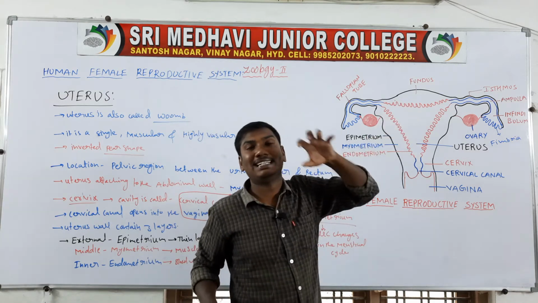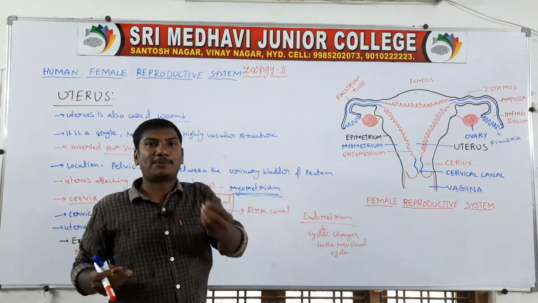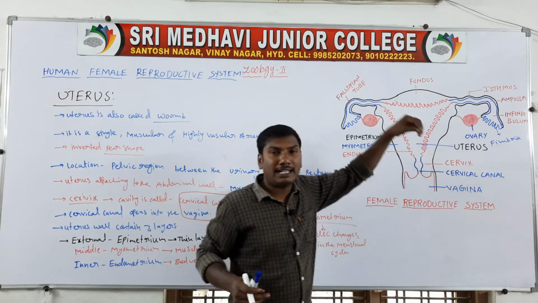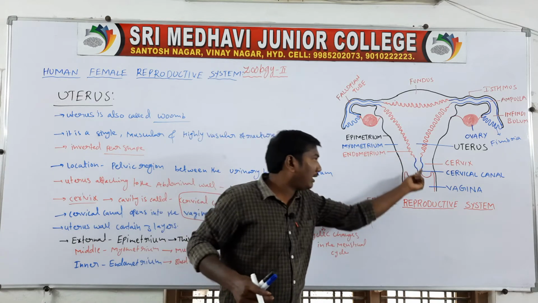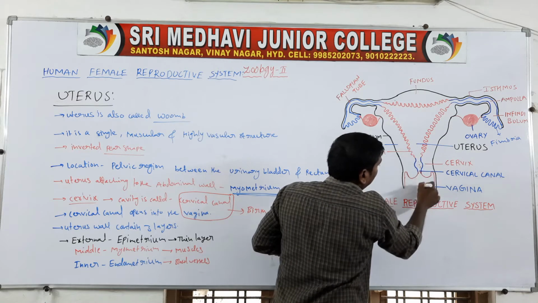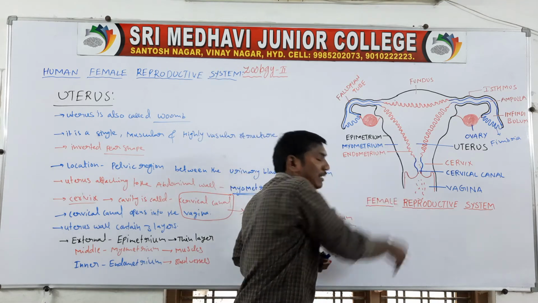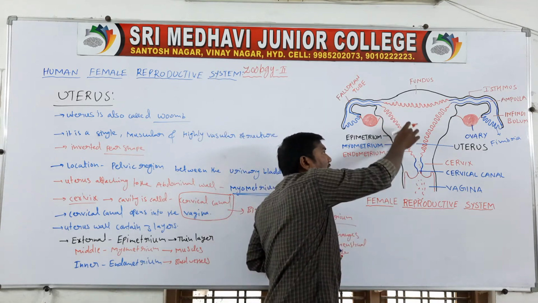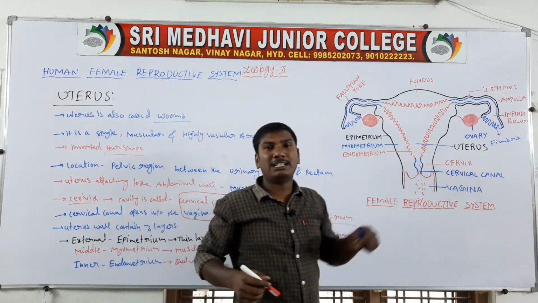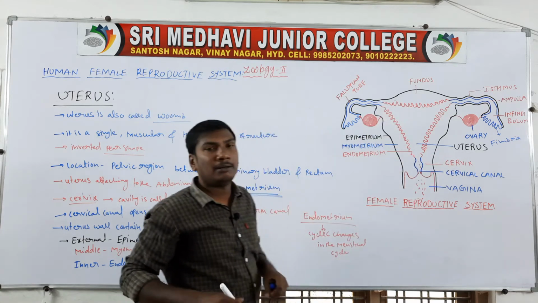During the menstrual cycle, the endometrium walls rupture and blood is released. After that, in the next cycle, the endometrium forms again.